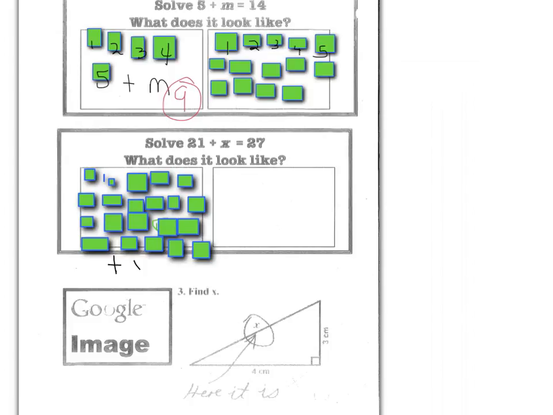So plus x, we don't know what x is, must equal 27 on the other side. So let's go ahead and put 27 on the other side.